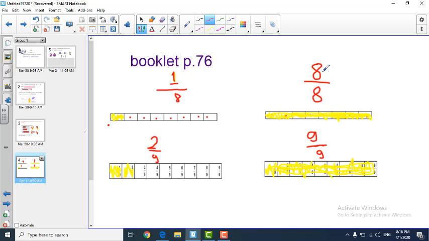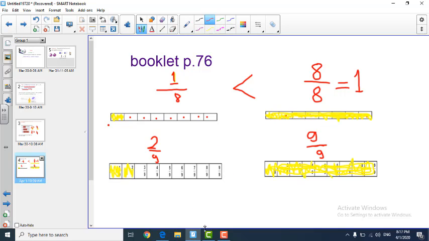If here I colored 8 parts from 8 parts, I colored the whole rectangle, and here I colored 1 part only from 8 parts. So which is bigger, the whole rectangle or 1/8 from the rectangle? So 1 whole is bigger than 1/8.